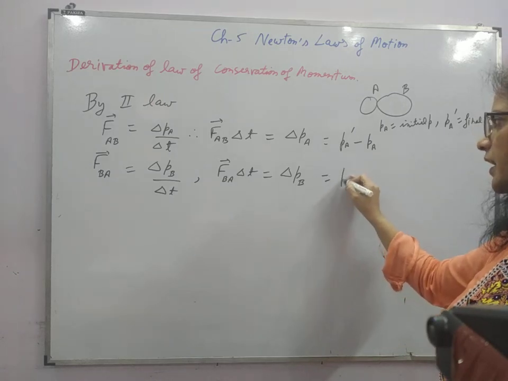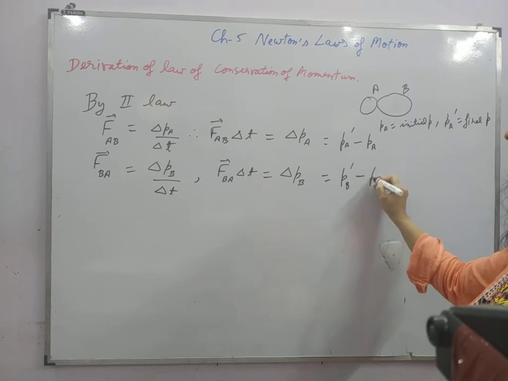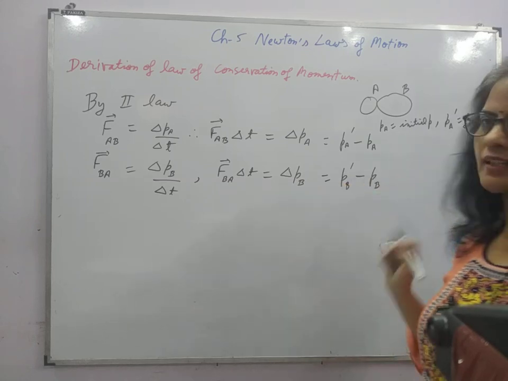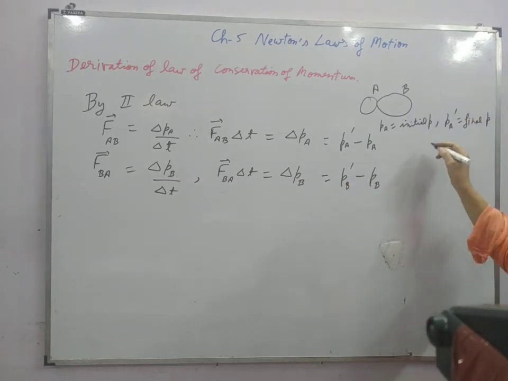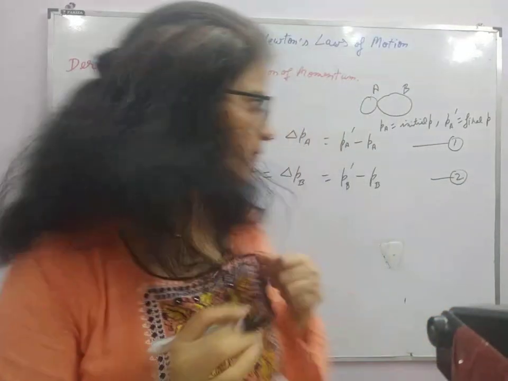Similarly for B, if PB dash is the final momentum, then final minus initial is this. I can take this as equation 1 and this as equation 2.